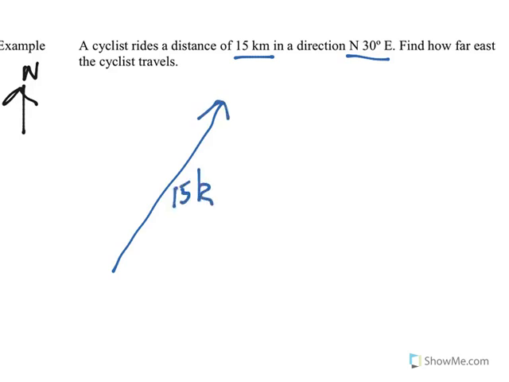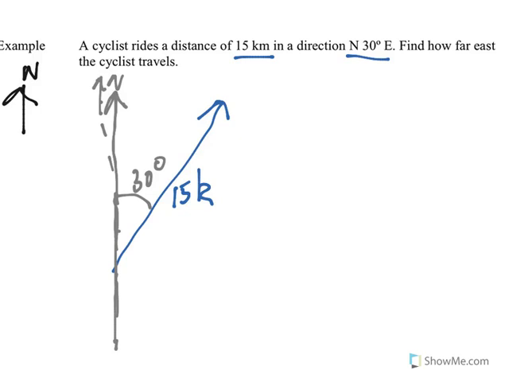Here's our north-south line, and this angle in here will be 30 degrees, because east would be to the right. Let me just fix up that vertical line.